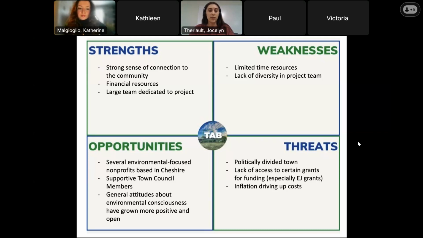There are also several very supportive town council members in Cheshire's local government who have expressed their support for the project so far. Many of the people on Cheshire's Town Council are involved in many of these environmentally focused nonprofits as well. So I think that helps to bring in a level of political power and will where people can advocate for this project moving forward on the governmental level.